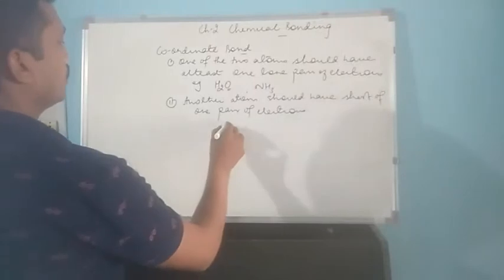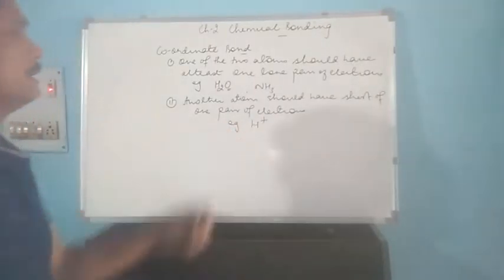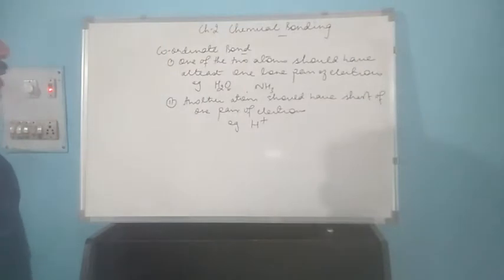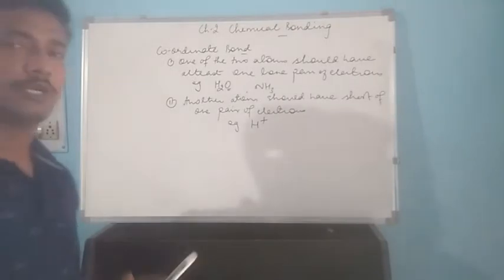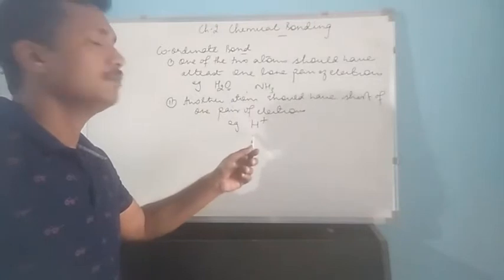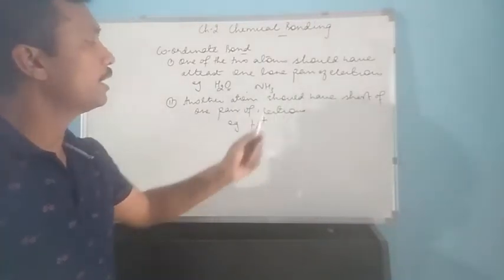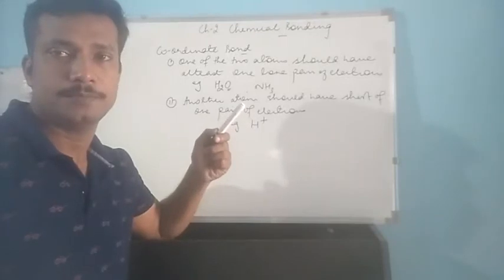For example, hydrogen ion. Hydrogen ion has shortage of two electrons, that is a pair of electrons. So this bond, that is coordinate bond, will be formed between water and hydrogen to form hydronium ion, or between ammonia and hydrogen to form ammonium ion.